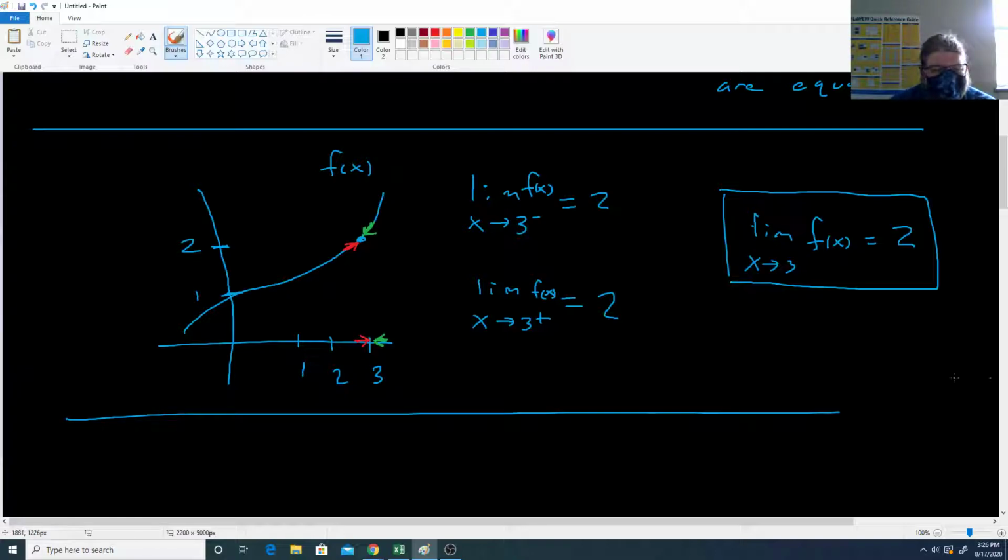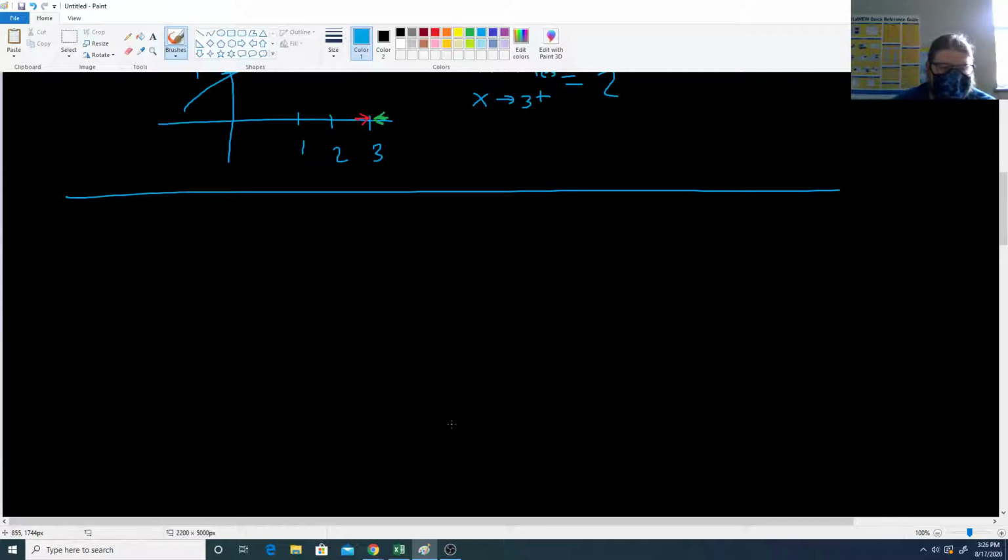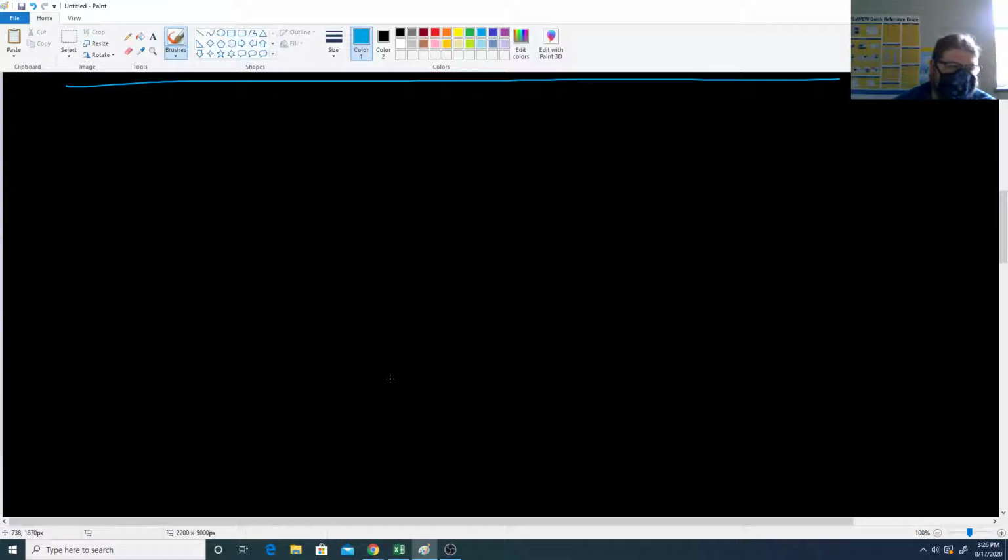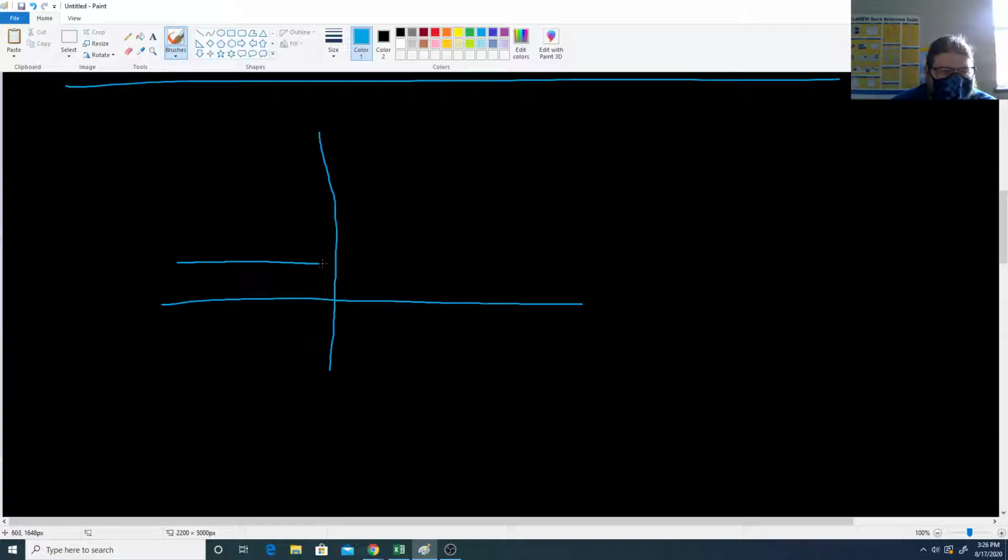Let's look at one where the limit has issues. The one-sided limits exist, but the two-sided limit doesn't. Let's say we had a function that is just a horizontal line at 1 up until we get to 2, and it stops with a closed dot at 2. Then it picks up, that's 2, 3, 4, with an open circle here and just continues on like that.